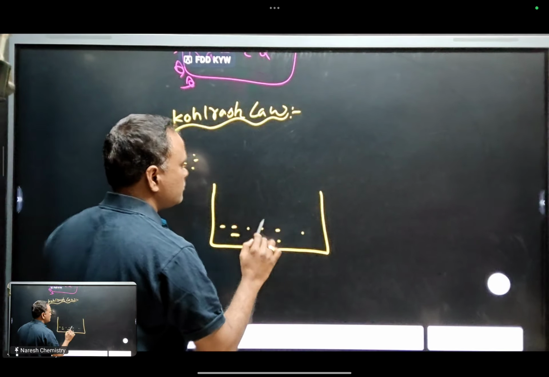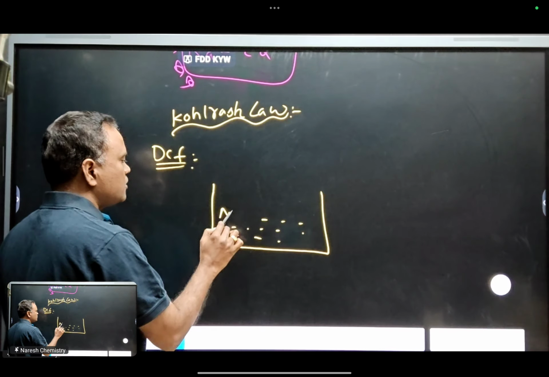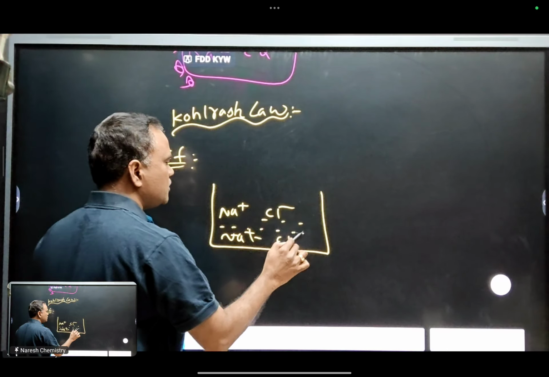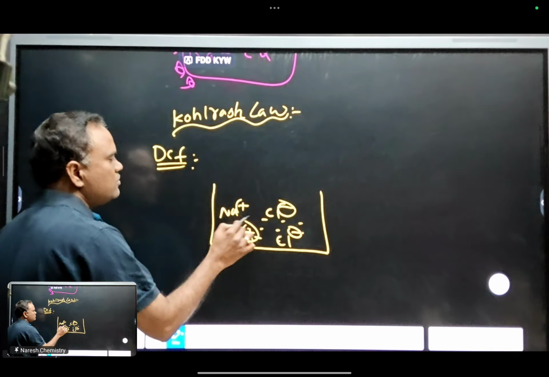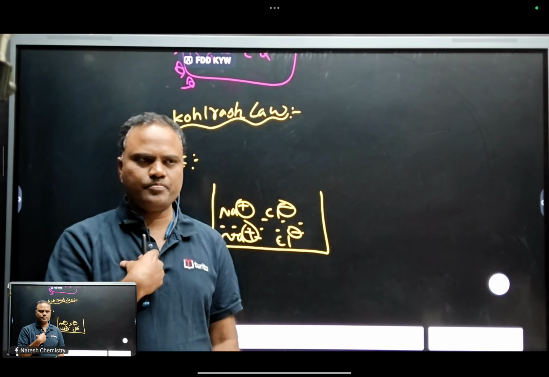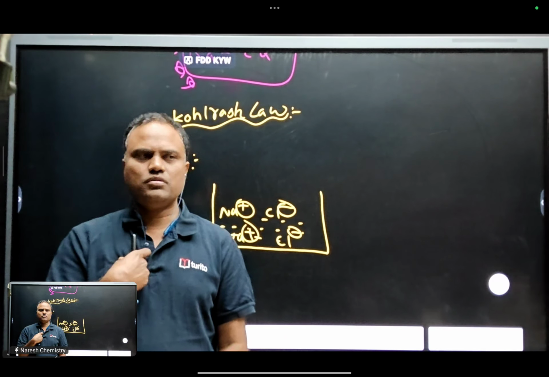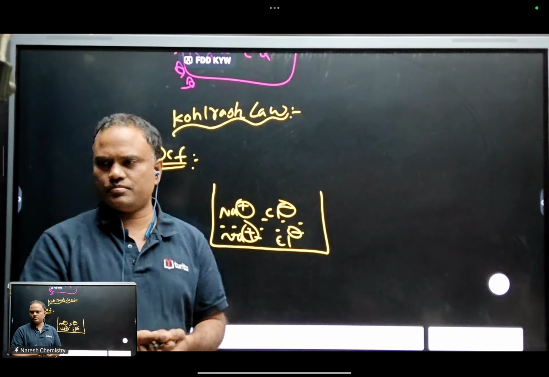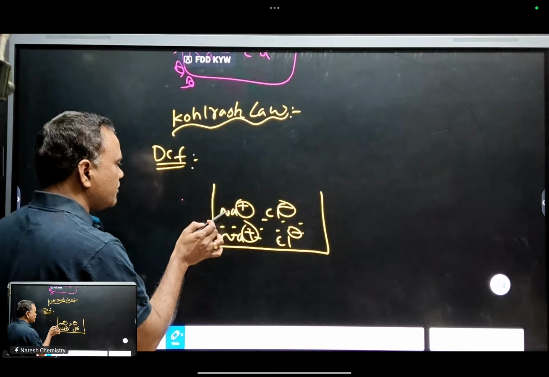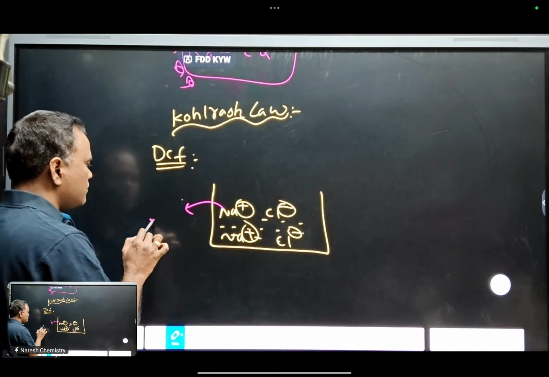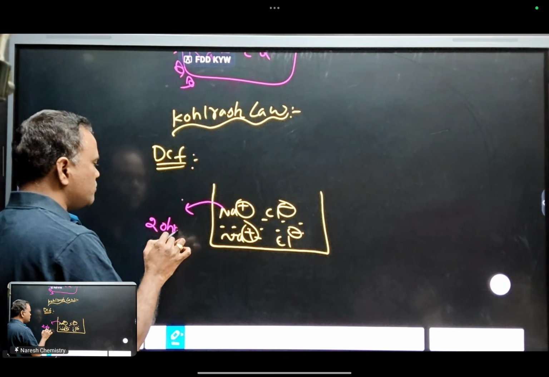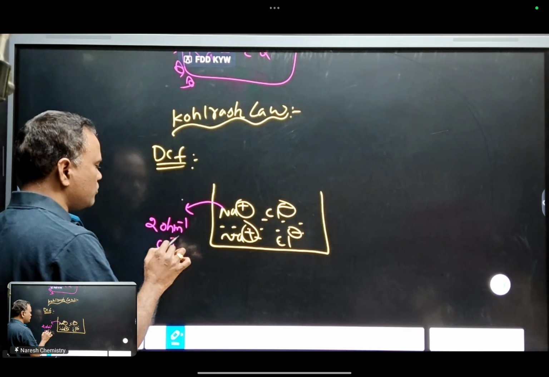See the definition of Kohlrausch law. Take sodium chloride solution, NaCl solution. Na positive, Cl negative, Na positive, Cl negative. This solution has some conductance, right? Imagine sodium ion will conduct a current whose value is 2 ohm inverse centimeter square mole inverse.